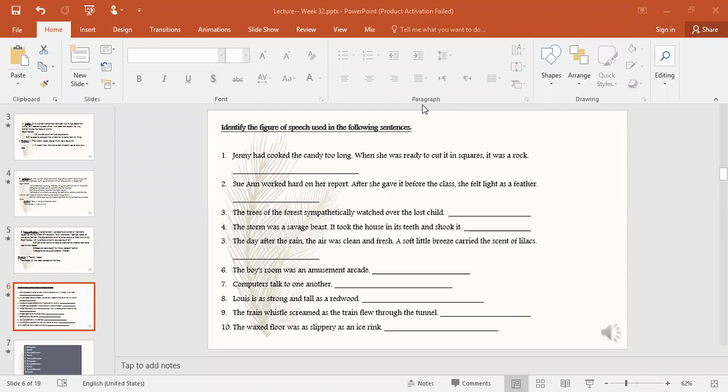Miss, who carries? People. Meaning I took the action of carrying from human beings and gave it to the soft little breeze. So this is what?